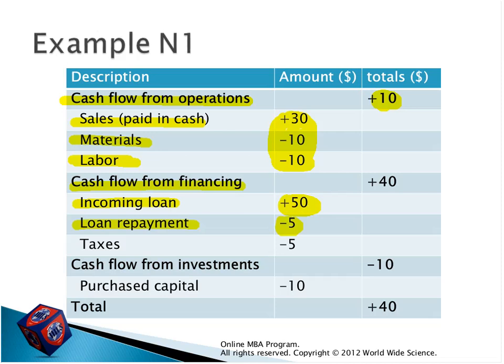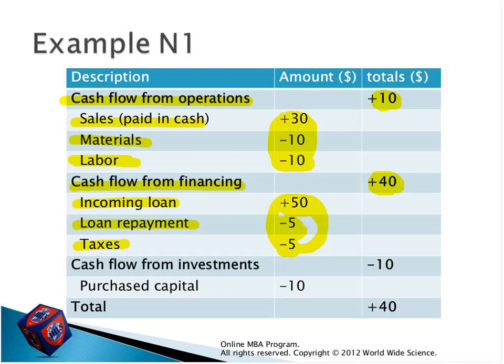Cash goes out from the company, right? Next one, taxes. We paid $5 in taxes, which comes with a negative because we paid this cash out of the company. And the total cash flow from the financial part would be $40 positive, because from the 50 of the incoming loan we deduct the loan repayments and taxes. Then we get $40 from the financial cash flows.